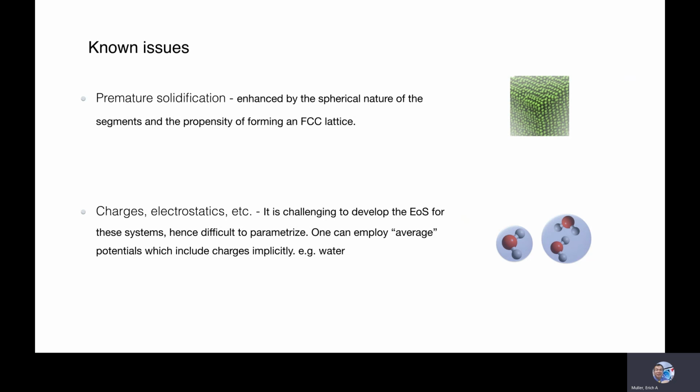And this spherical nature of these segments, when we are looking at very high pressures, has a propensity to form a solid. We have seen that this premature solidification affects us especially when we're talking about extremely high pressures, in the order of gigapascals. And there's nothing we can do at the moment for this. It's just a fact that there is a little bit too much symmetry in our models.